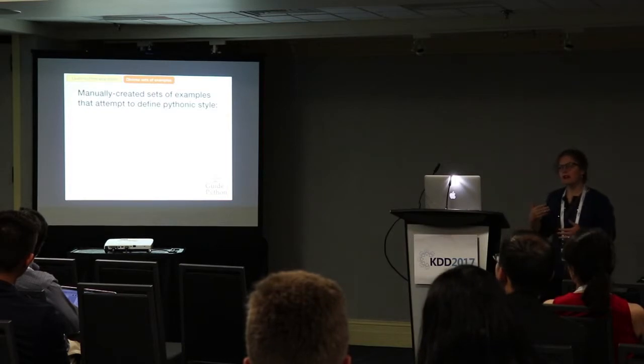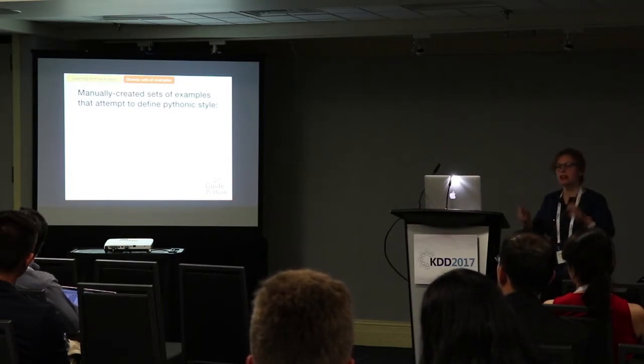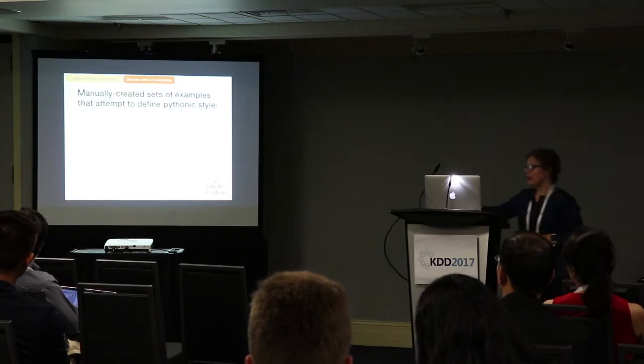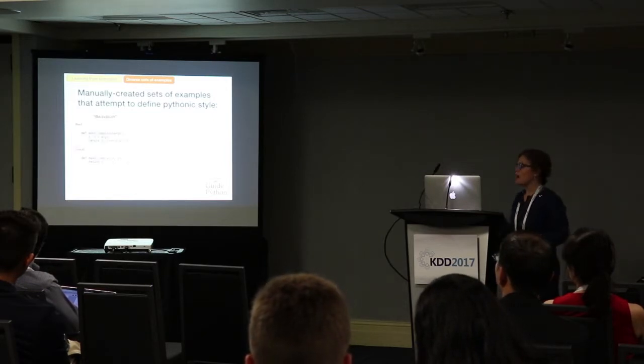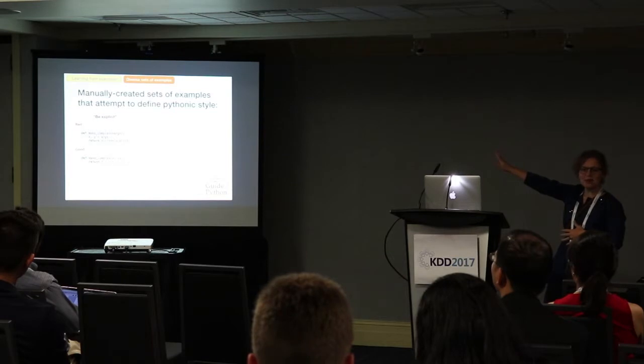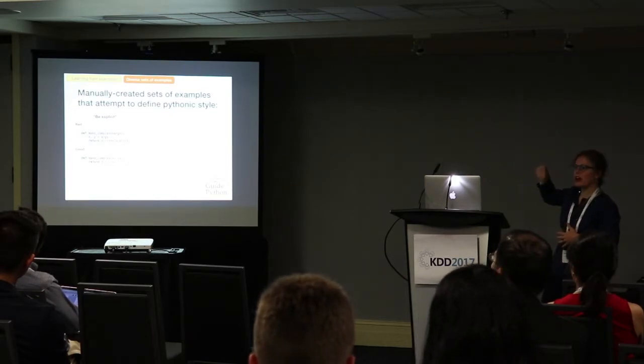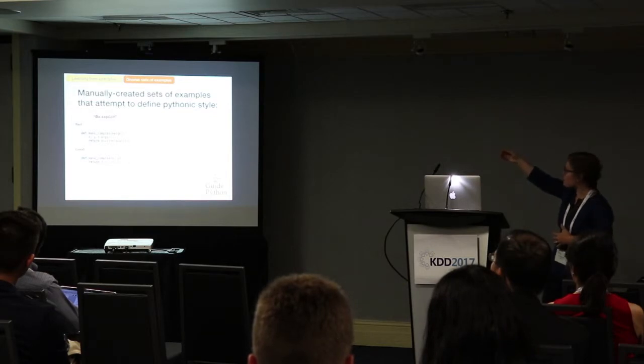So for code learning, we already manually create sets of examples that try to define something that's a little bit hard to explicitly spell out, like what is Pythonic style, right? Here, this Pythonic style of be explicit. They give a good and a bad example, so that's a fairly straightforward way of using variation to help the student understand what be explicit means.